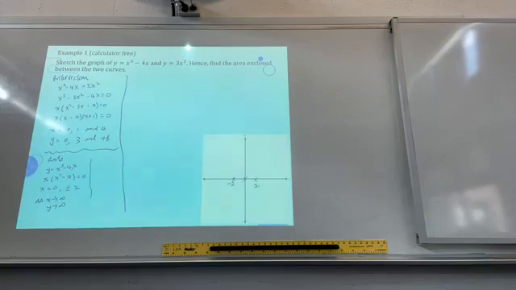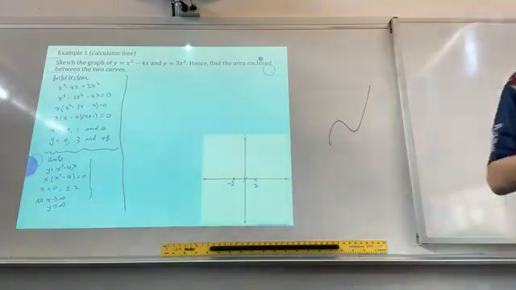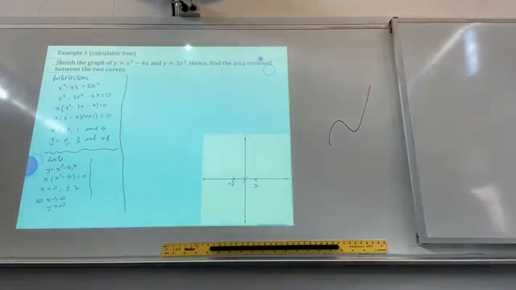You know that this is a positive cubic. As x approaches infinity, y approaches infinity, so it will be this sort of shape. So you can just sketch it, and label it y equals x cubed minus 4x.